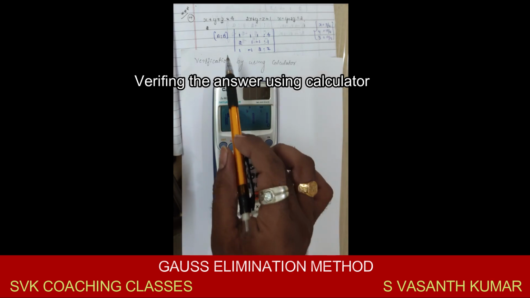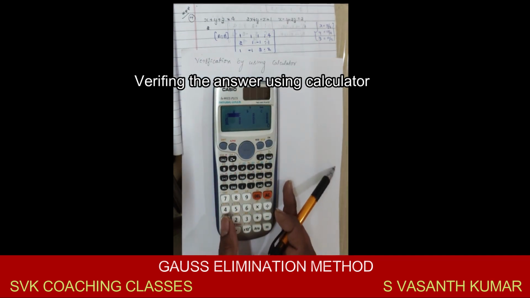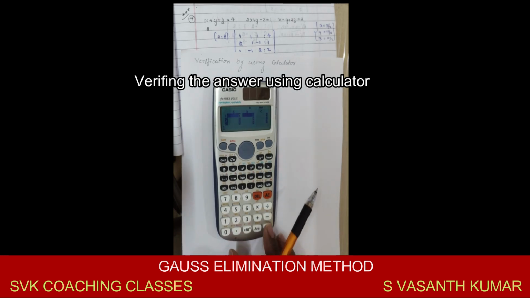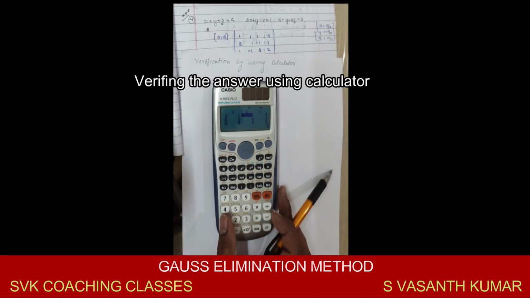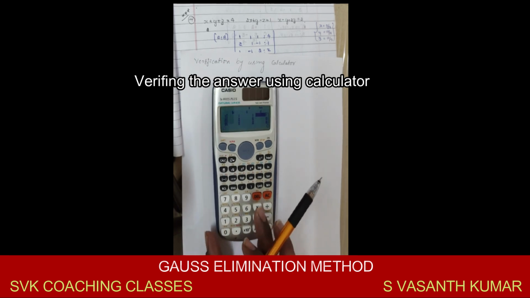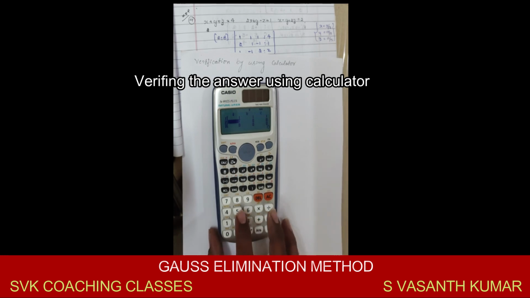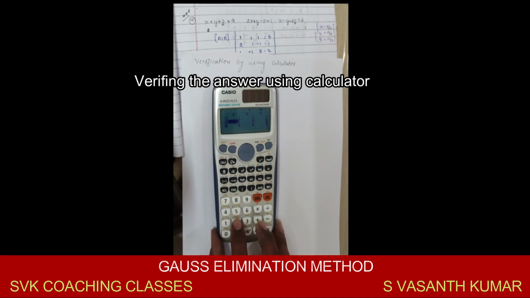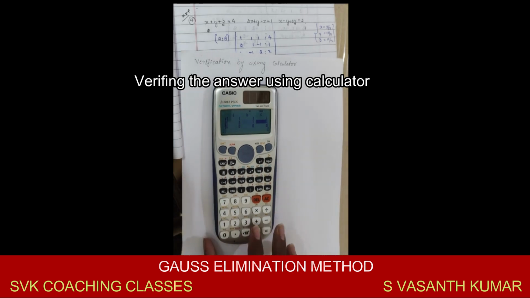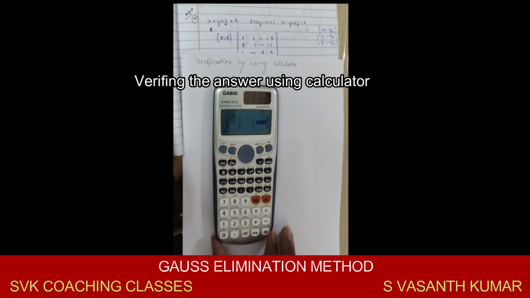Then type the augmented matrix. The first row is 1, 1, 1, 4. Next go with the second row, 2, 1, minus 1, 1.